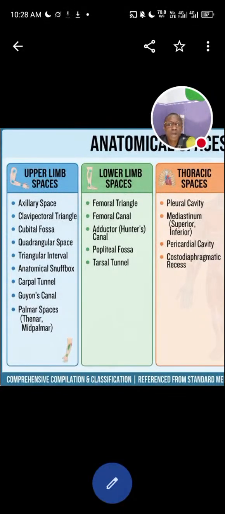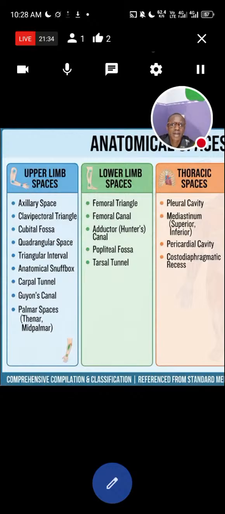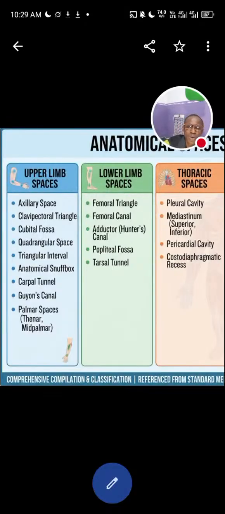For the lower limb: femoral triangle, femoral canal, adductor or Hunter's canal, popliteal fossa, and tarsal tunnel. We have carpal tunnel in the upper limb, and tarsal tunnel in the lower limb.